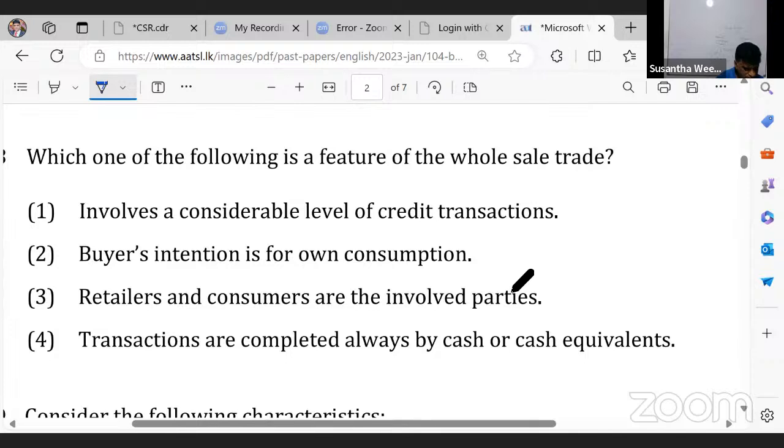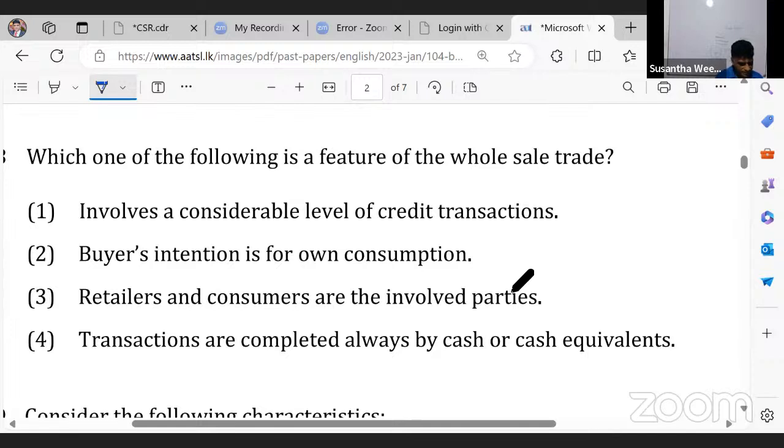Retailers and consumers are the involved partners. Transactions are completed always by cash or cash equivalents. What is the correct one? Involves considerable level of credit transactions. Yes, wholesalers are involved in credit transactions, most probably, right?